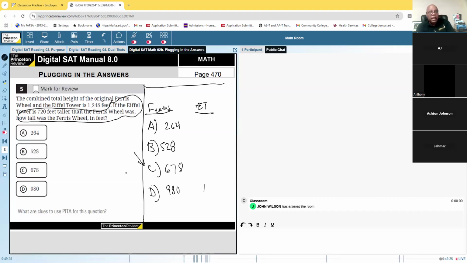And how did you find it out? You just add C and 720. Very good. Excellent. And what do we get when we add those two together? You can use calculator, scratch paper. What do you get when you add those two together?